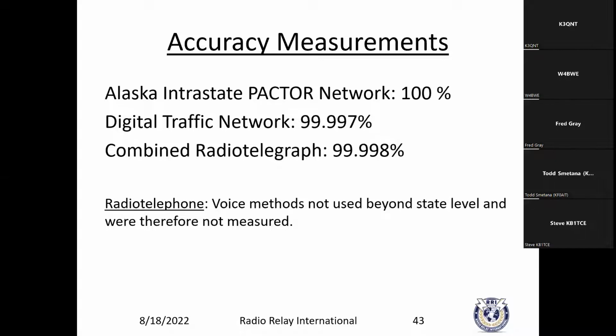The Alaska Interstate Backdoor Network, which of course was a smaller amount of traffic, less opportunity for error, scored 100% accuracy. So the Alaska radio operators in the interior of Alaska, that is the section level, did an excellent job. Then, of course, the Digital Traffic Network scored 99.997% accuracy against, I seem to recall, around 8,000 data points.